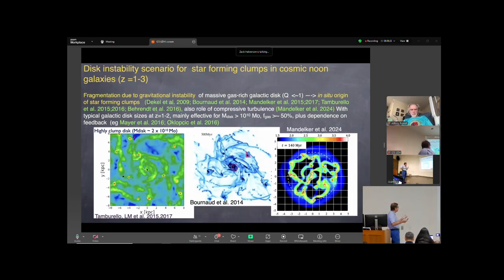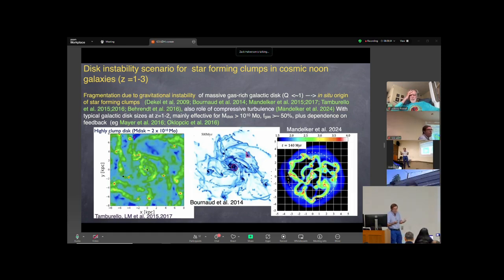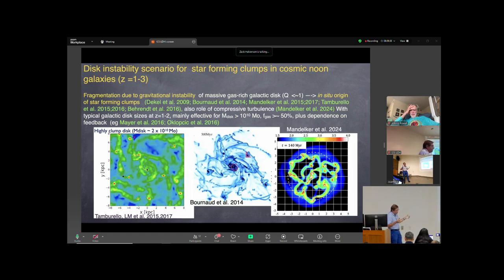Now, in the clumpy galaxies regime, redshift around 2, there's been a lot of work by several people, including people here in this audience, in trying to understand how the star-forming clumps can be formed. And of course, one of the most successful scenarios, not the only one, but certainly one robust scenario, is that in which you form the clusters and the clumps by fragmentation of a disk that becomes gravitationally unstable, a gas disk that becomes unstable to self-gravity, and fragments.